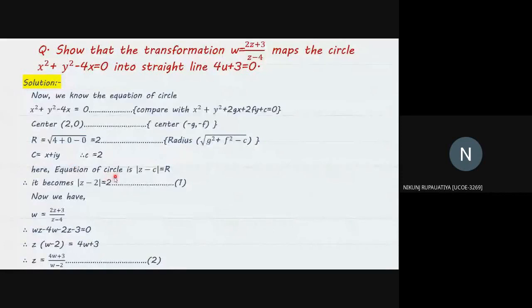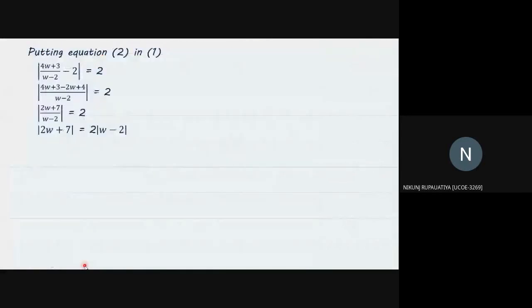Now we are given w equals 2z plus 3 upon z minus 4. Converting this equation in terms of w, z equals 4w plus 3 upon w minus 2. Now putting this equation, equation number 2, in 1, we get modulus of 4w plus 3 upon w minus 2, minus 2, equals 2.